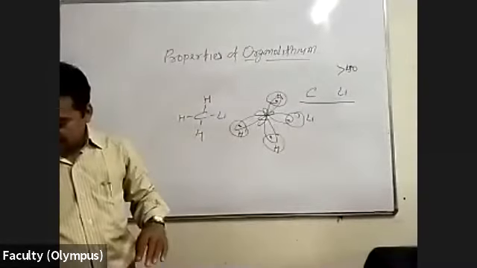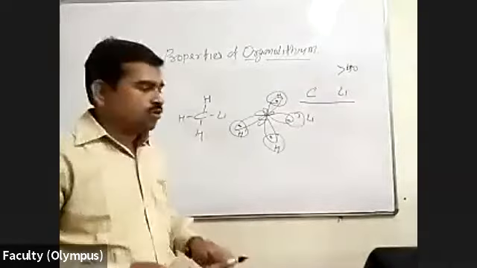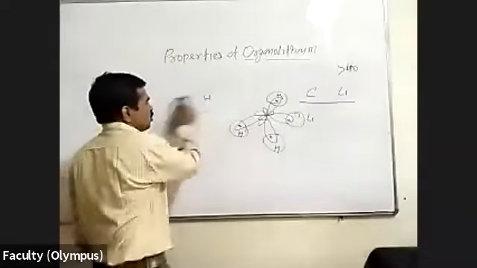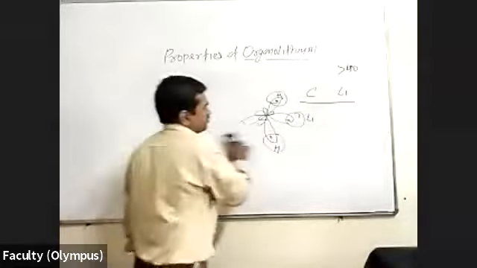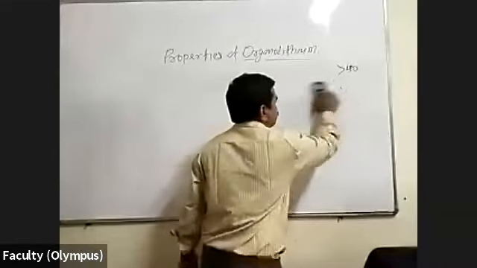Lastly, we will see its applications, then we will stop. Now, what would be the applications of organolithium compounds? Mostly these organometallic compounds are reagents in organic synthesis or catalysts somewhere.